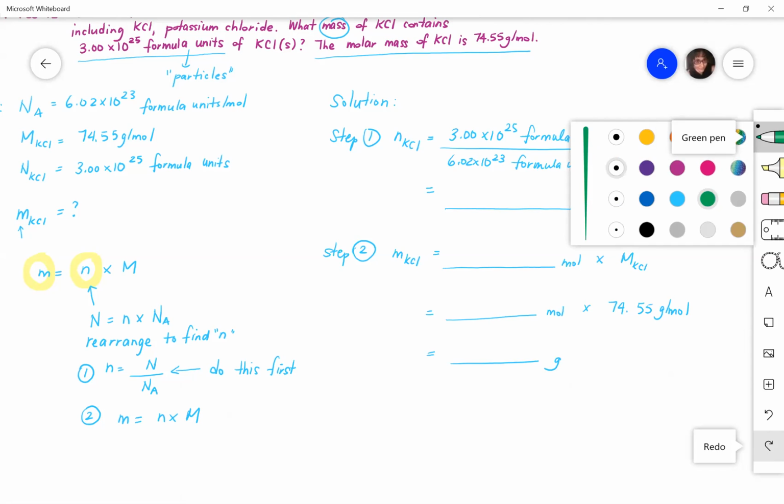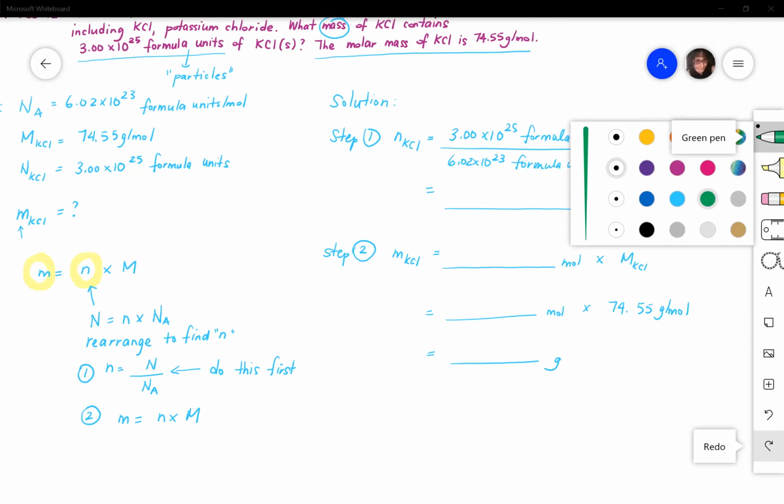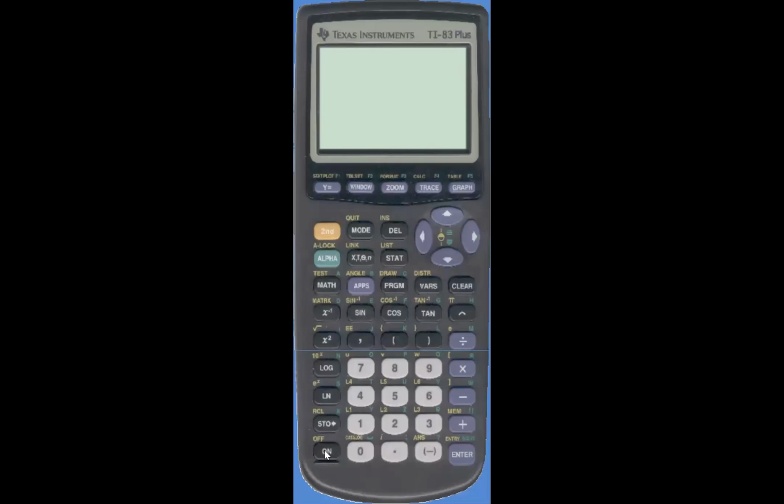So the first step, we'll pull out our calculator. Remember that things in scientific notation, you can write them in brackets. So the first one, we're going to take 3.00 times 10 to the power of 25 and divide that by the Avogadro's number.